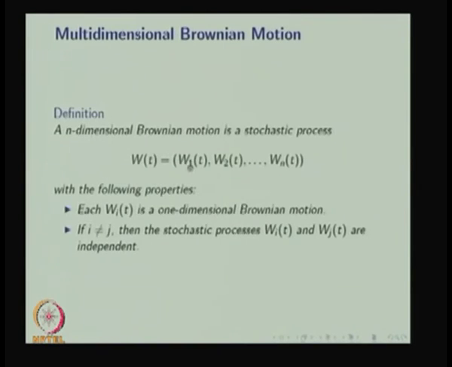W1 is a Brownian motion, W2 is another Brownian motion. You can collect them into another Wt, where each W is a one-dimensional Brownian motion. If the processes are independent, you will have an n-dimensional Brownian motion also.